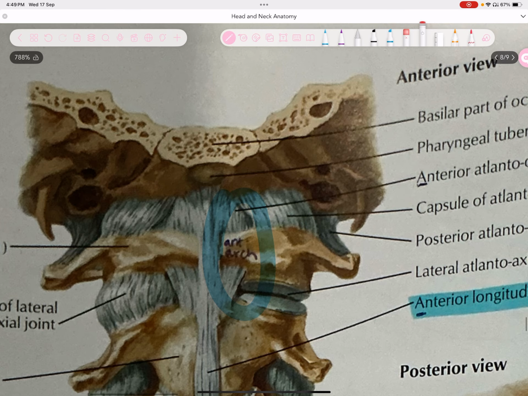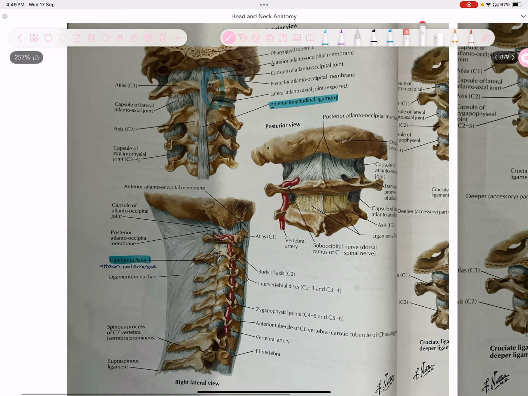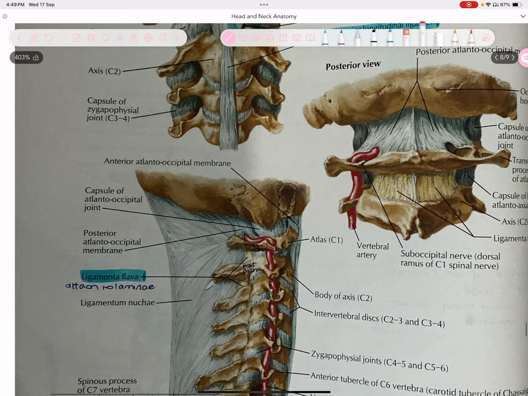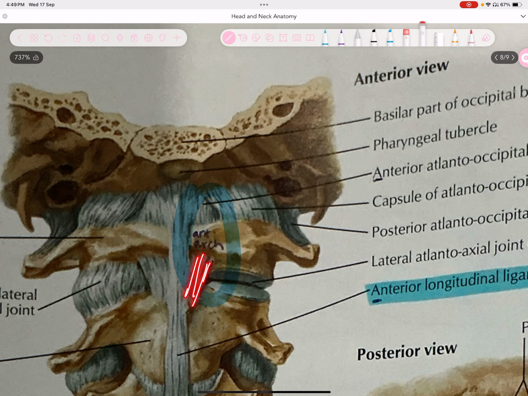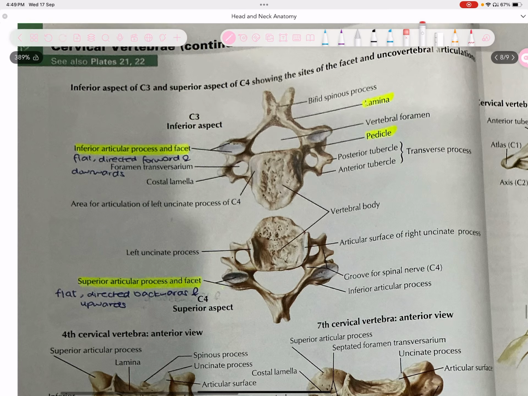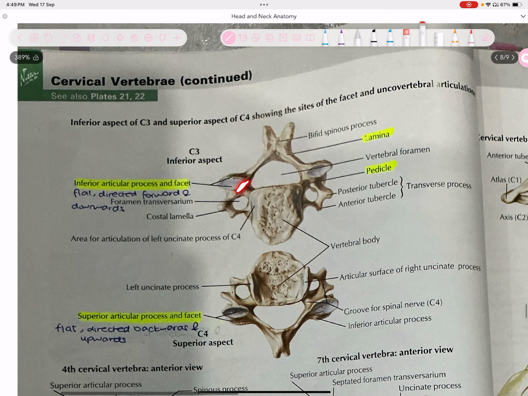Then anterior arch, superiorly, you had the anterior atlanto-occipital membrane, right? And inferiorly the anterior longitudinal ligament, right? And then body also I told you already. And this is the articular facet. The inferior is directed forwards and downwards. The superior is directed backwards and upwards.